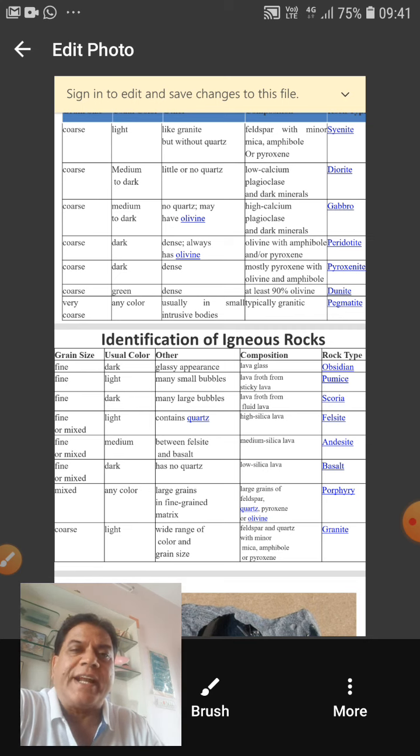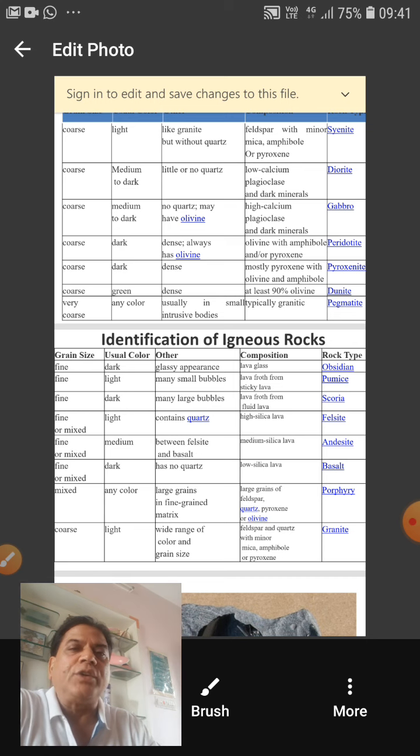Now once you say granite, the genesis of the granite, you all know, is that it is formed under slow cooling conditions at depth. So you will write in genesis that the rock has formed by slow cooling at depth and hence resulted in coarse grain size crystals.